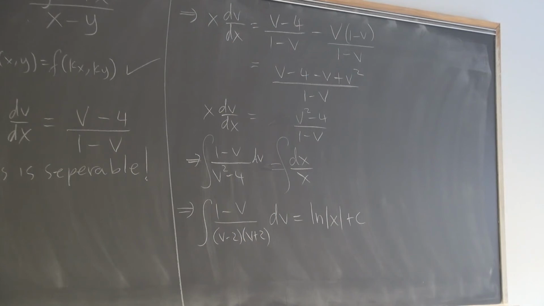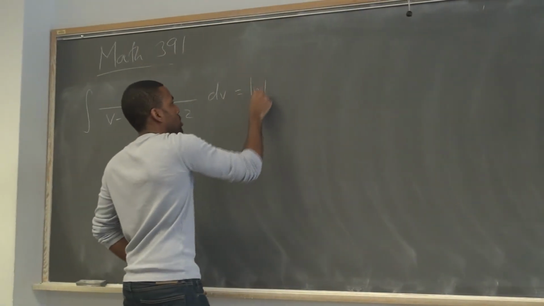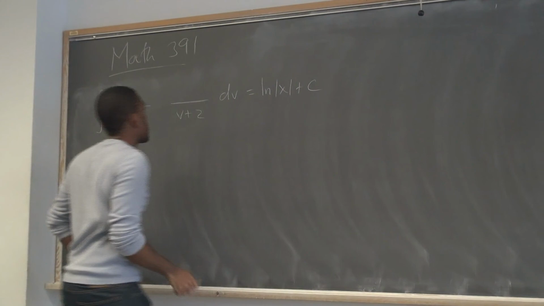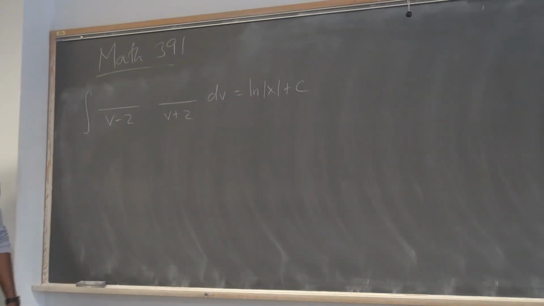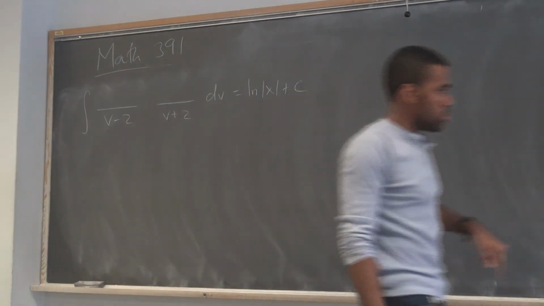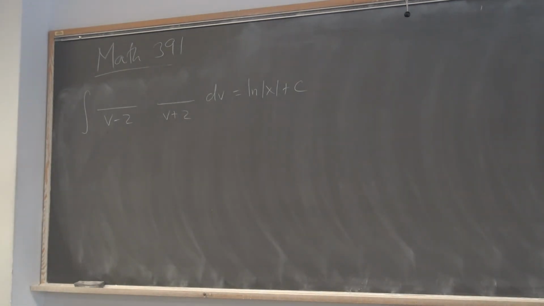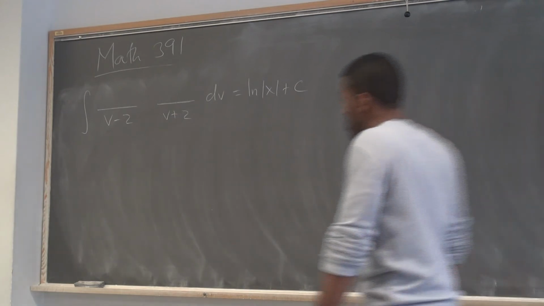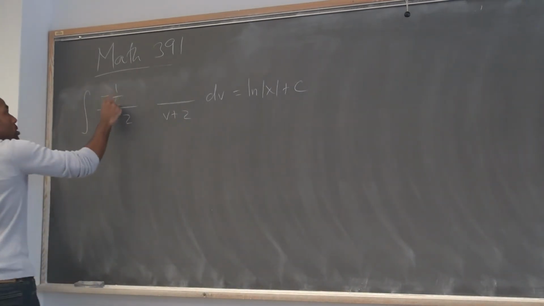So now I'm going to want to do these in partial fractions. So this is v minus 2 times v plus 2 dv. What goes on top of here? Well, v equals 2 makes this 0. So if I plug in 2 here, I get minus 1 over 4. So the top here is minus a quarter.